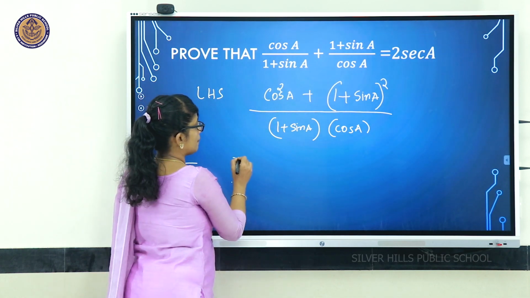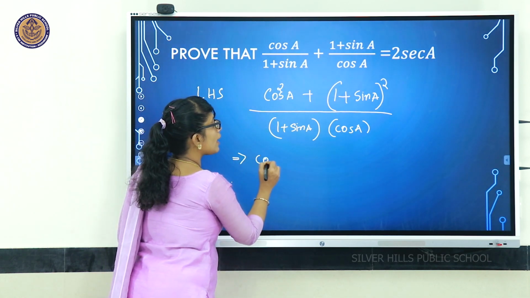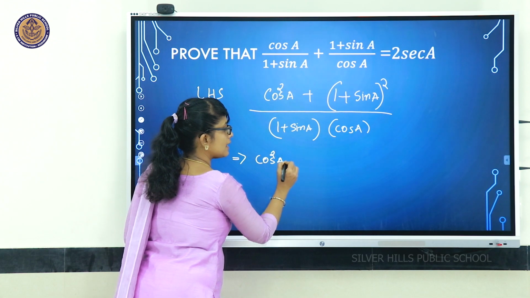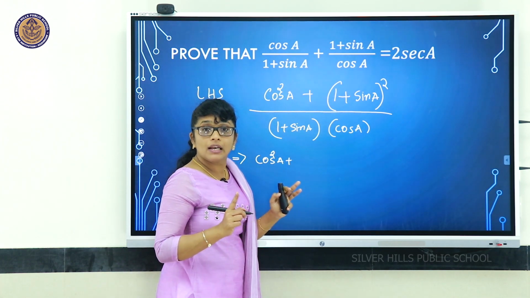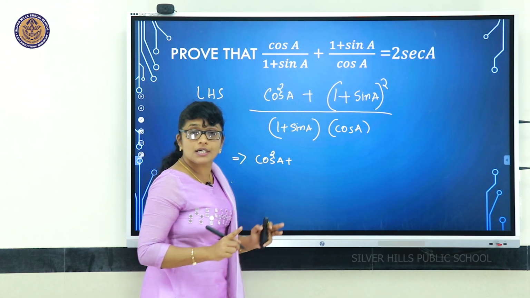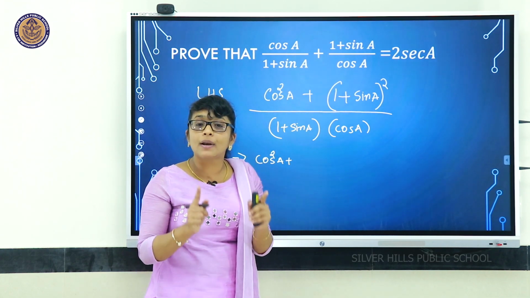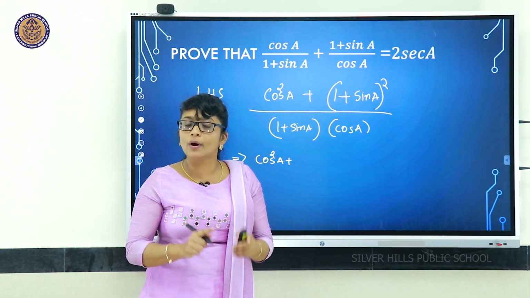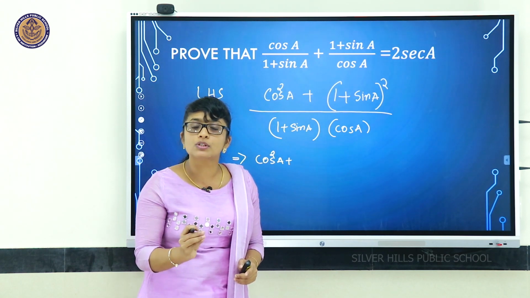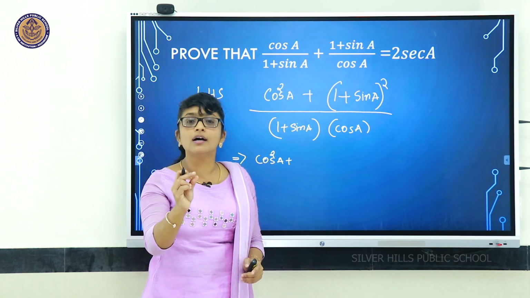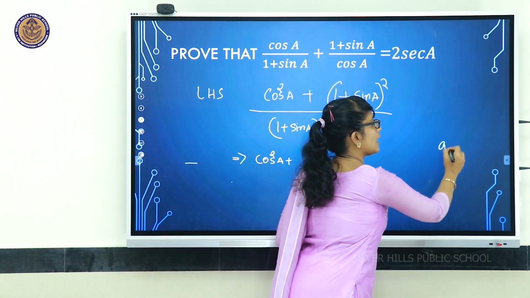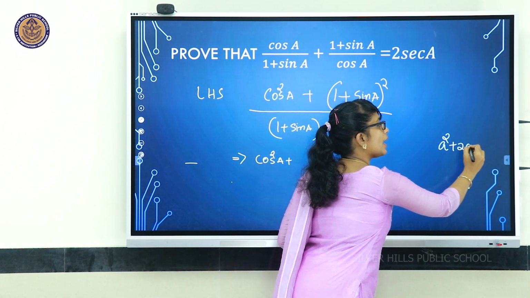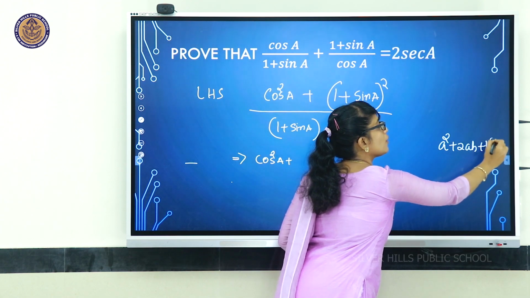Okay, cos square A plus 1 plus sin A whole square by 1 plus sin A into cos A. Next step, cos square A plus 1 plus sin A whole square. We learn identity. Which identity? A plus B whole square. What is A plus B whole square? A square plus 2AB plus B square.